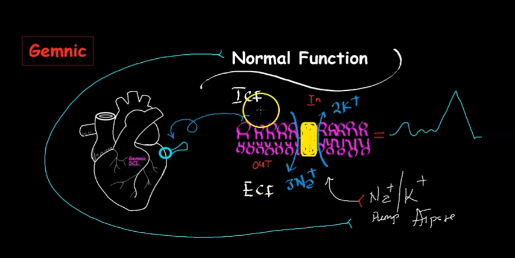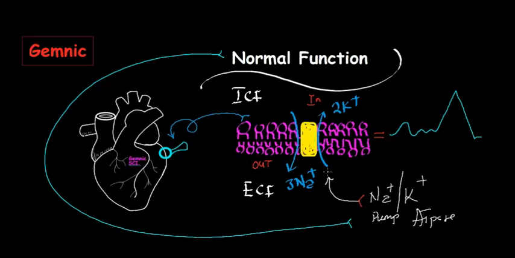Normally, 3 molecules of sodium are going out of the cell and 2 molecules of potassium are coming in. So when digoxin stops the pump from working, it stops sodium from going out.